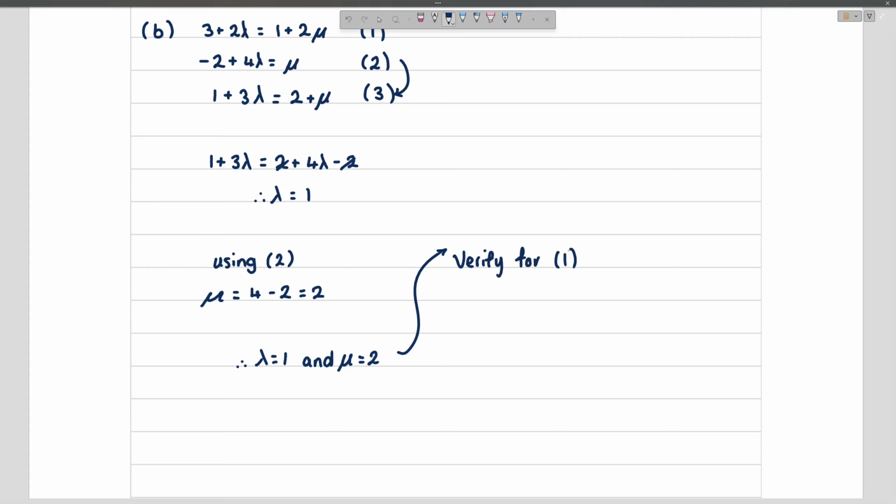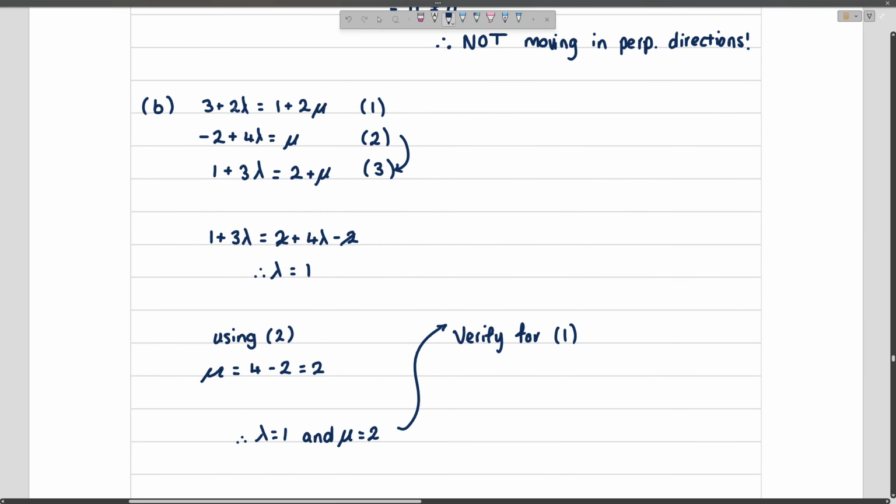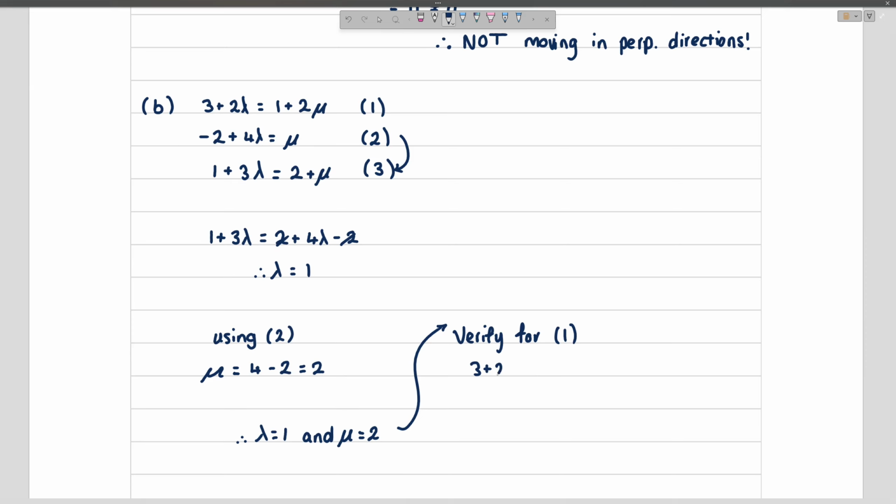Equation 1, if I scroll up a little bit, is 3 + 2λ. So that's 3 + 2 lots of 1, and that is equal to 1 + 2 lots of 2. Well, 3 + 2 is 5, and 1 + 4 is also 5. So perfect, it holds for equation 1.